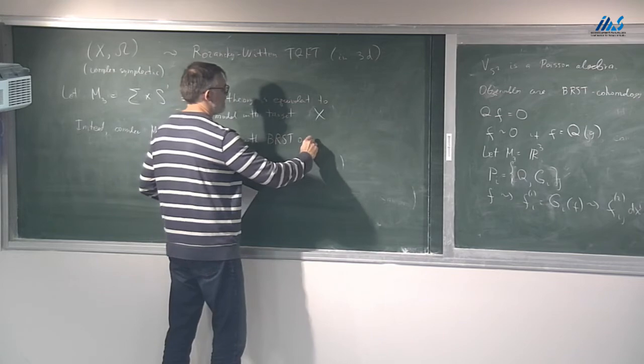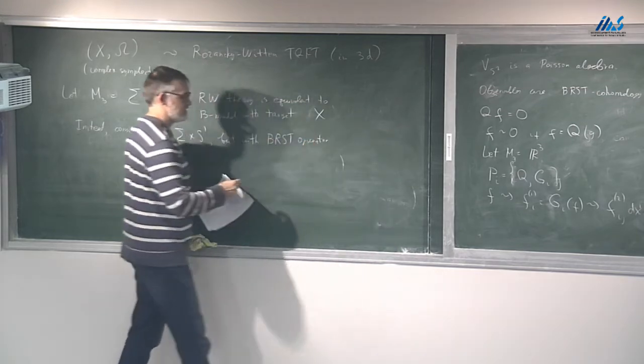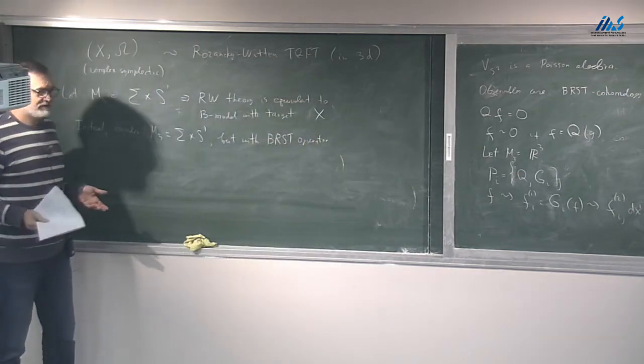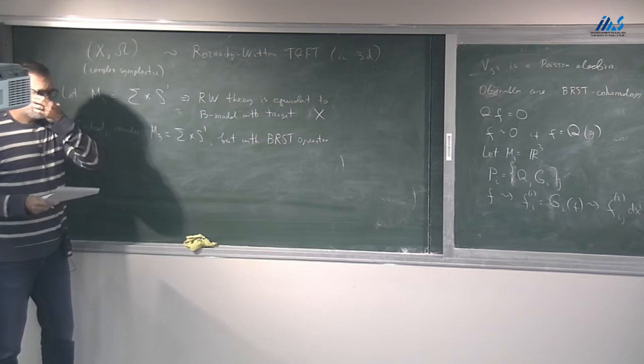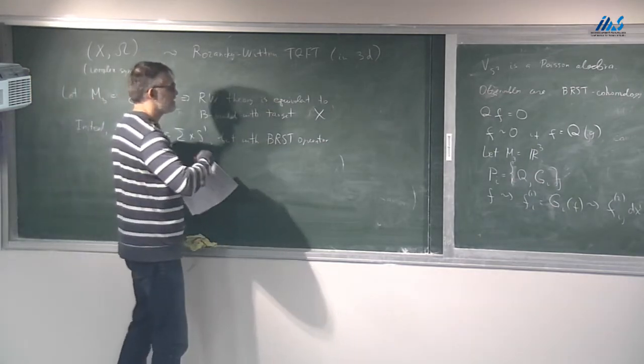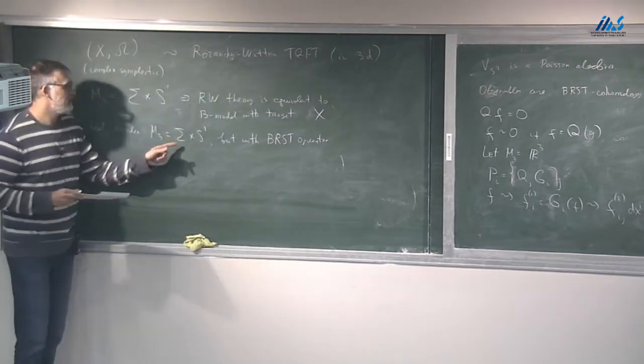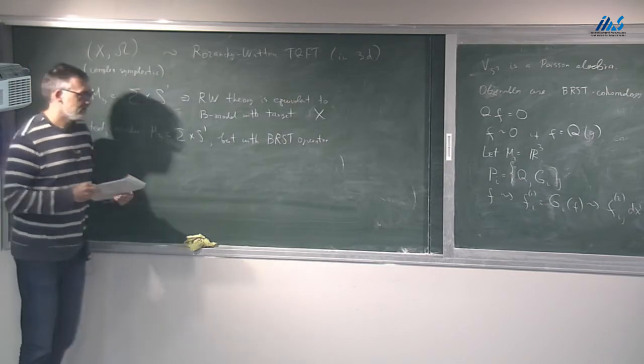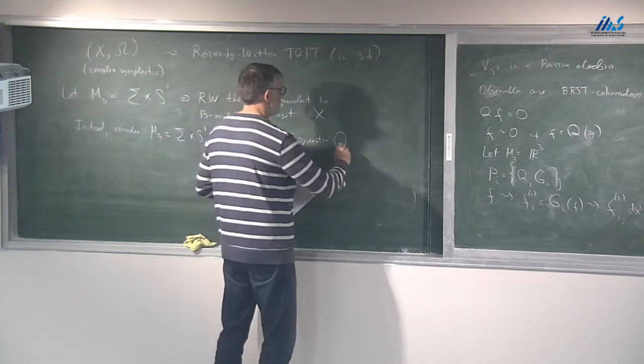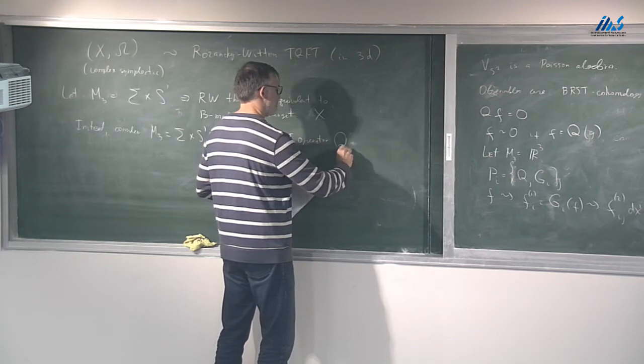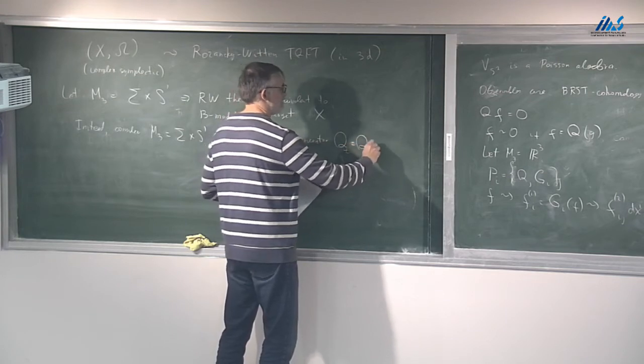There is an odd vector field which squares to 0 on this infinite-dimensional space of maps from here to X. We consider the following one, called Qt because it depends on the parameter.